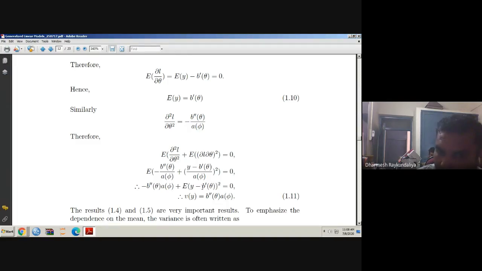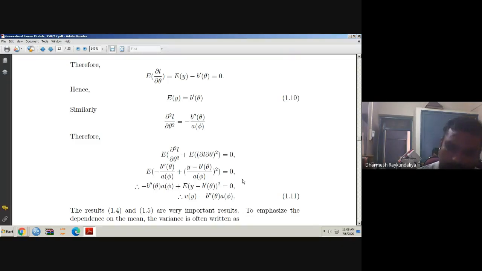But what is b dash theta? It is the expected value of y. So the expected value of y minus expectation of y whole square is the variance of y. So variance of y minus this equal to 0. So this quantity goes on the right hand side, and we get the variance of y equal to b double dash theta a phi. Okay, it's very simple.